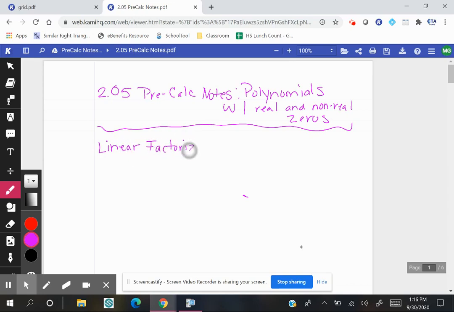Linear factorization theorem. Here it goes.